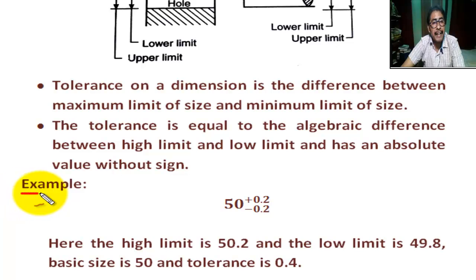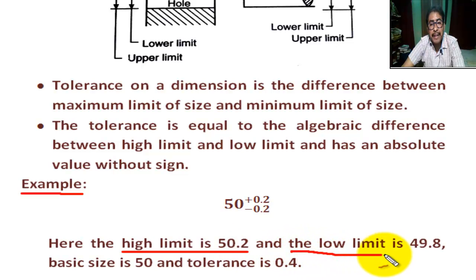Example: for a dimension 50 plus 0.2 minus 0.2, here the higher limit is 50.2, the lower limit is 49.8, and the basic size is 50.